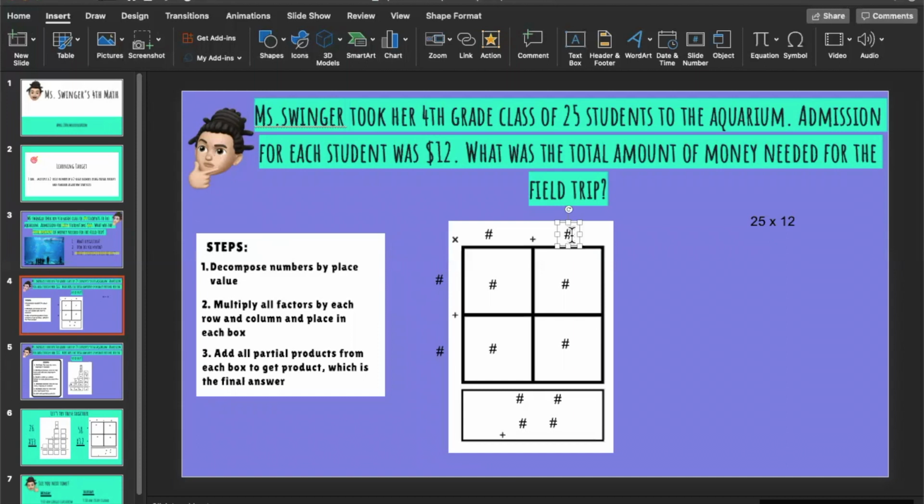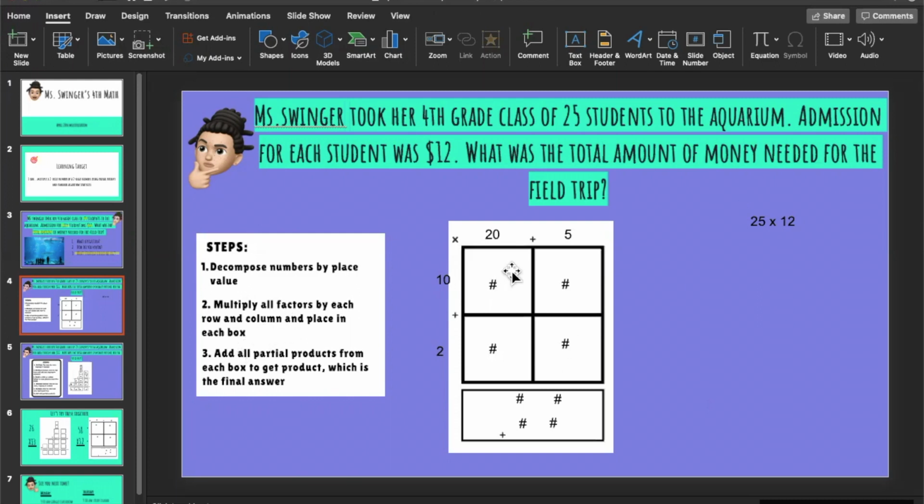So first here, I'm going to put a 5 here in the ones place, and I'm going to put the 20 here from the tens place for 25, because 20 plus 5 does give me 25. The next number is 12. So we have a 10 in the tens place and the number 2 in the ones place, because 10 plus 2 gives us 12. So we've done the first step successfully in decomposing the numbers by their place value.